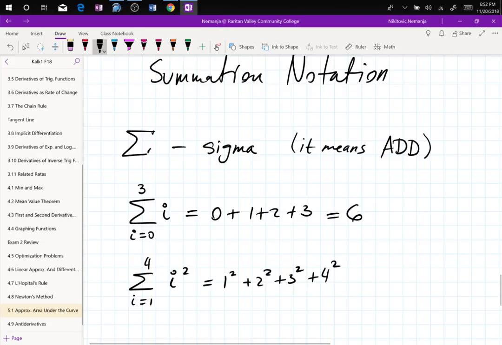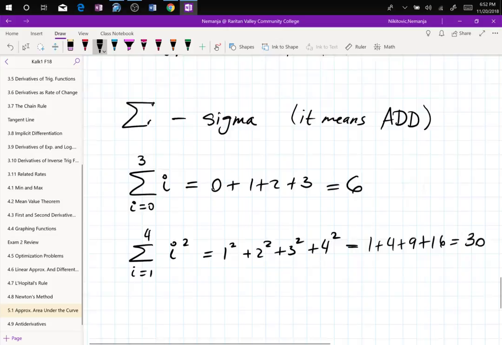Counter goes from 1 to 4. So 1 goes in, becomes 1 squared, and then plus, because it's summation, then it picks up 2 and 3 and 4, and you just go around. So this is going to be 1 plus 4 plus 9 plus 16 for the total of exactly 30.